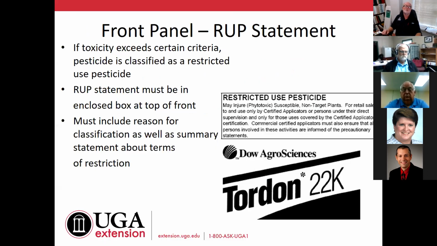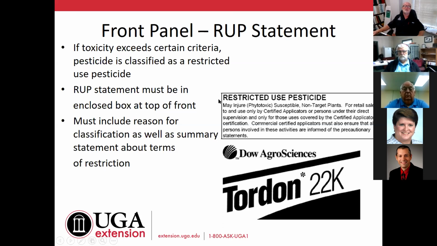and not causing any problems. Another part of that label I want to point out, and the reason behind you having a private applicator's license, is so that you can purchase and use restricted use products. And with all RUPs, if that toxicity exceeds a certain level, it is required as a restricted use pesticide.